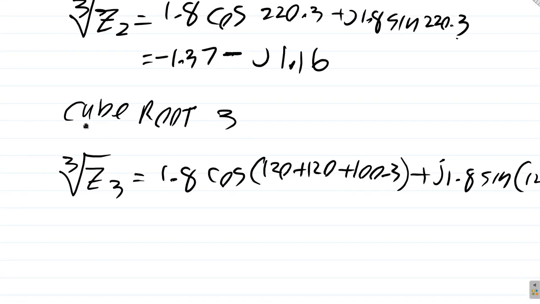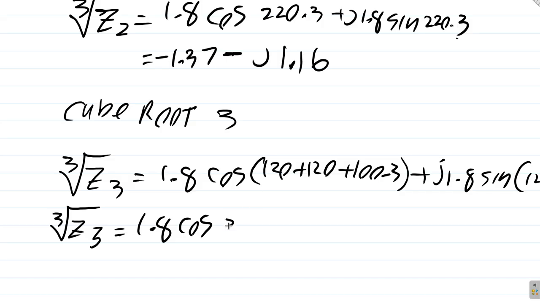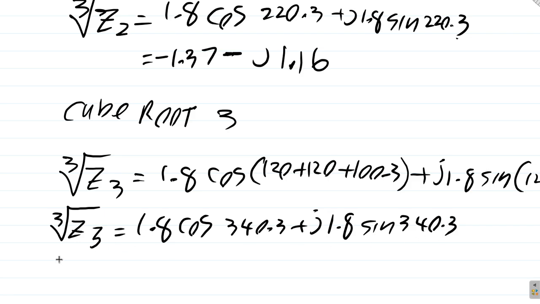So the cube root of z3 is 1.8 cos 340.3 plus j 1.8 sine 340.3.